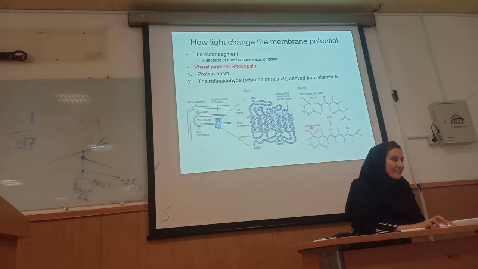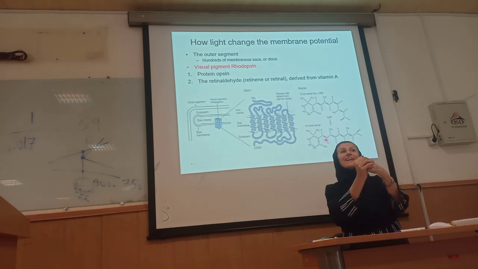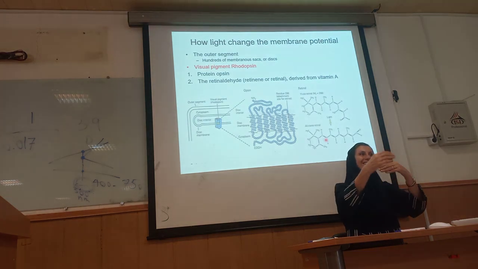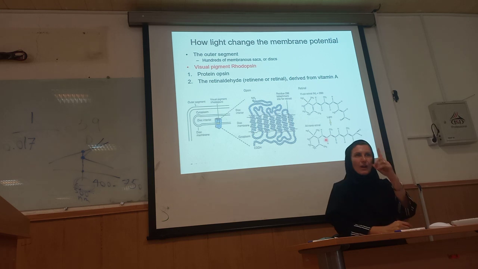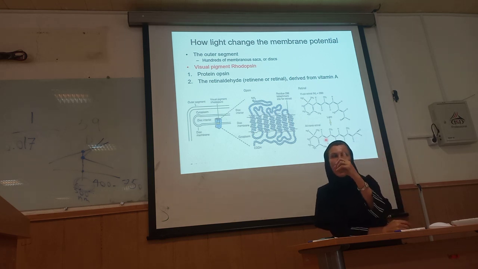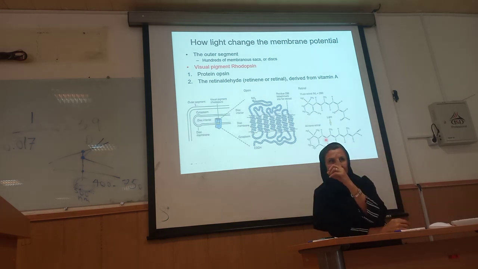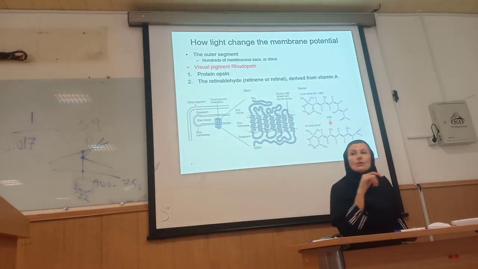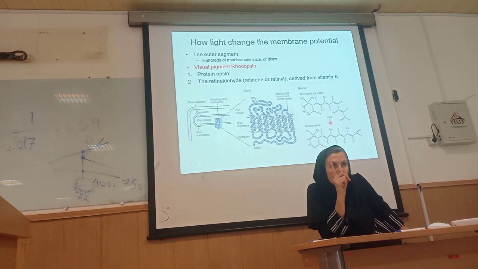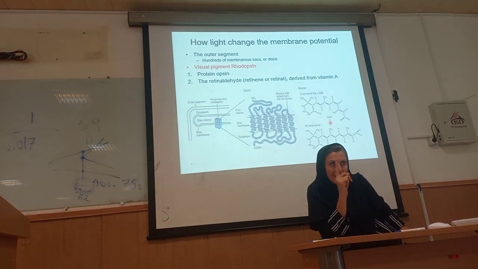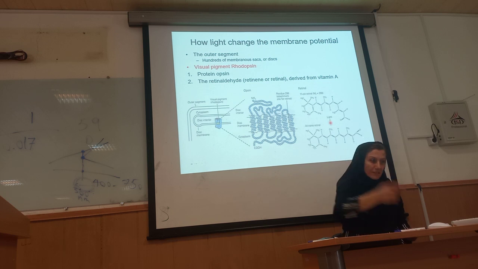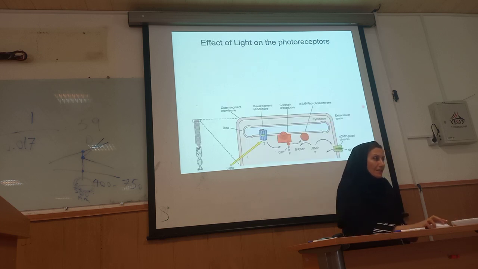And after that, they are all-trans retinal that cannot bind to the protein, and everything stops. So one photon of the light rays can do that in the rods, just one photon. And the rods start to respond. What is the response?